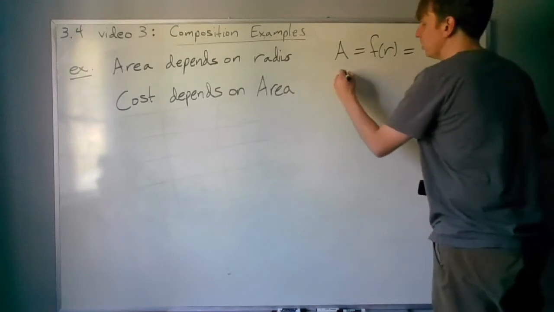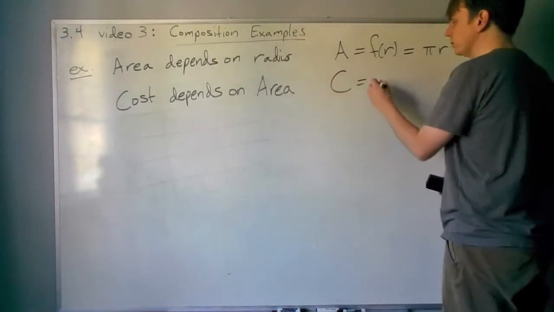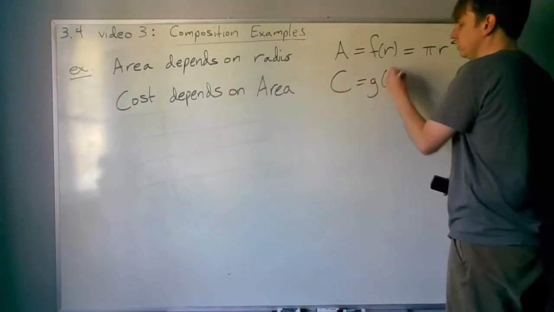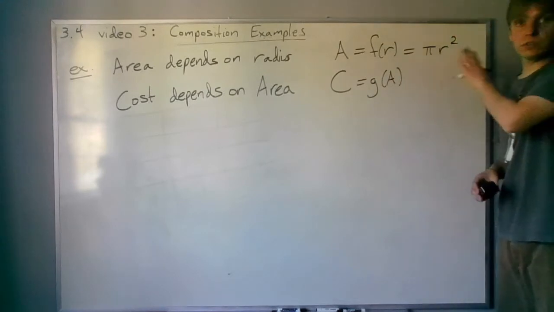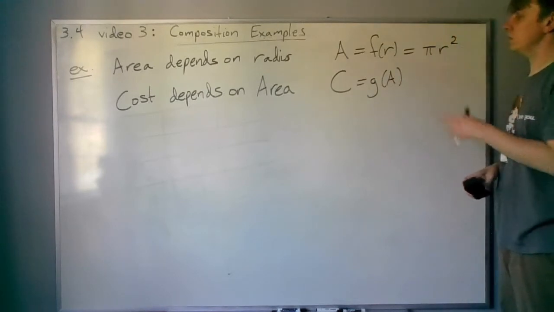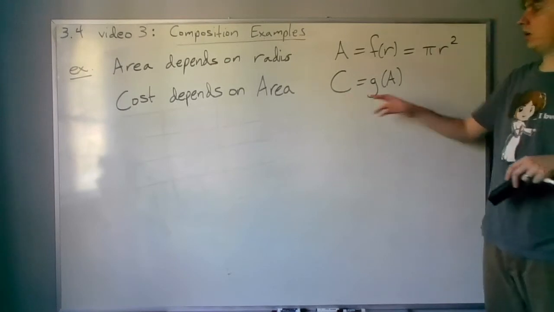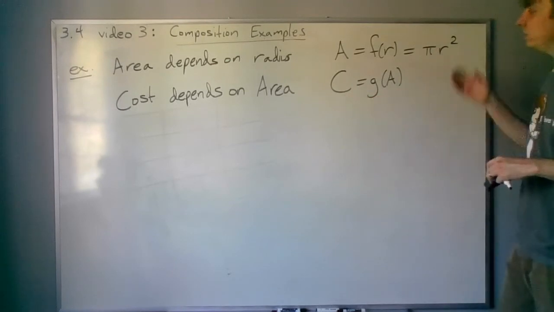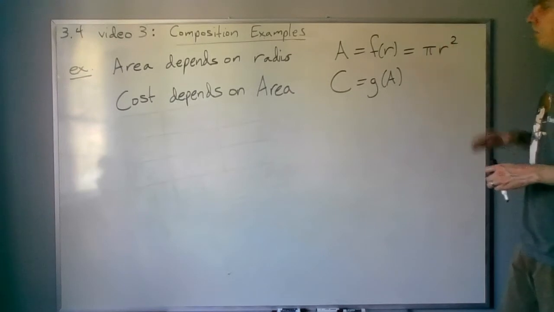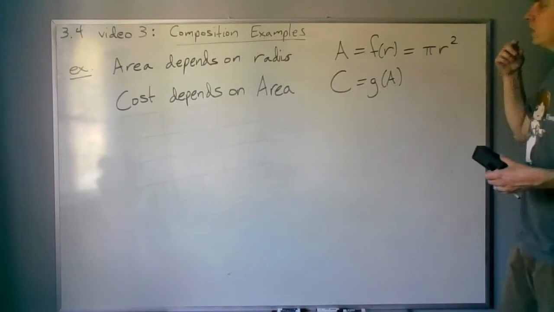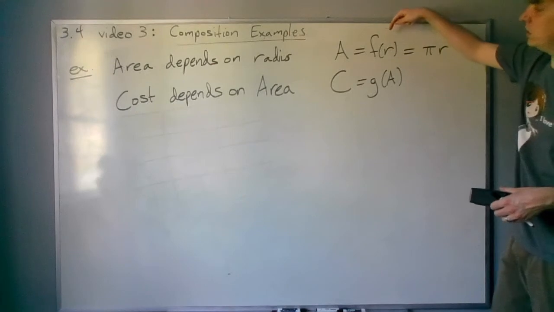So I guess cost will be a different function that depends on area. I don't know what the formula is for this one, because I just made this up. So maybe Papa John's could tell us what their formula is for how to determine the cost based on an area.